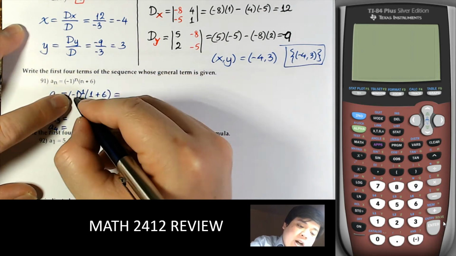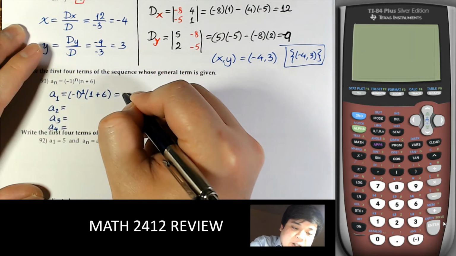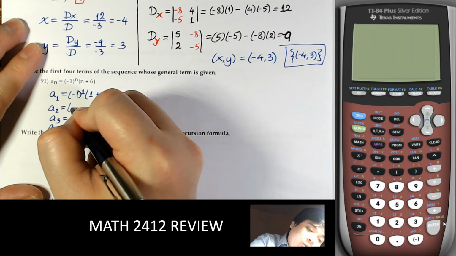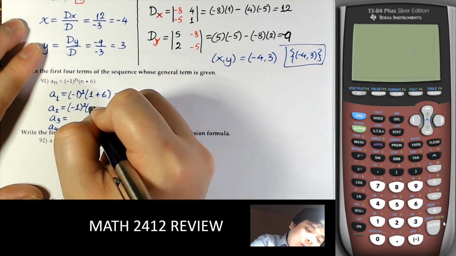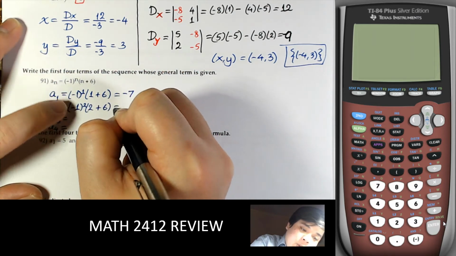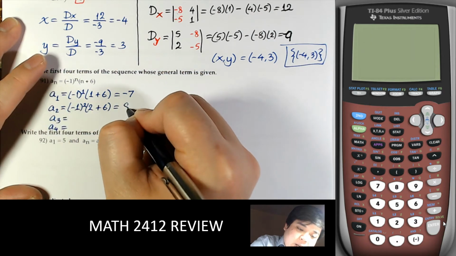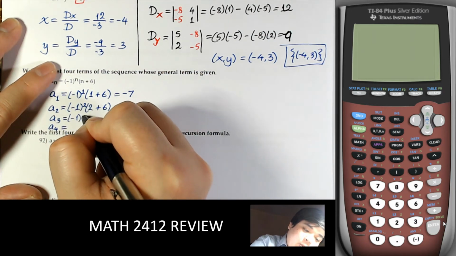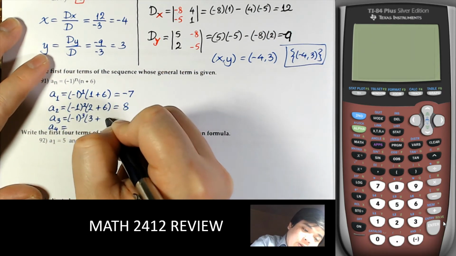That gives us -1 times 7, -7. Next we're going to put 2 in for n. So that 1 and 2, that could be 8. And then put 3 in for n.